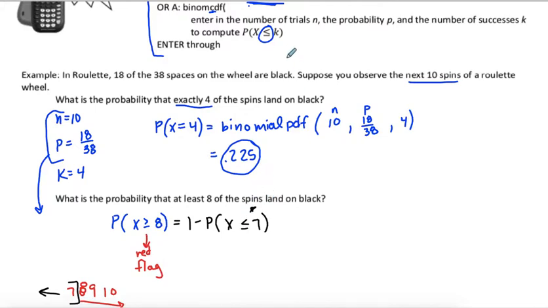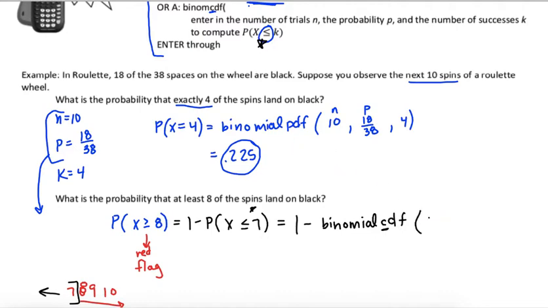Now I do have that symbol that I wanted to have here. So when I put this in my calculator, I'm going to do 1 minus, and now I have a binomial. This is going to be CDF, cumulative here, so that I add the 1, the 2, the 3, the 4, the 5, the 6, and the 7 all together. So I want it to be cumulative, not exactly.